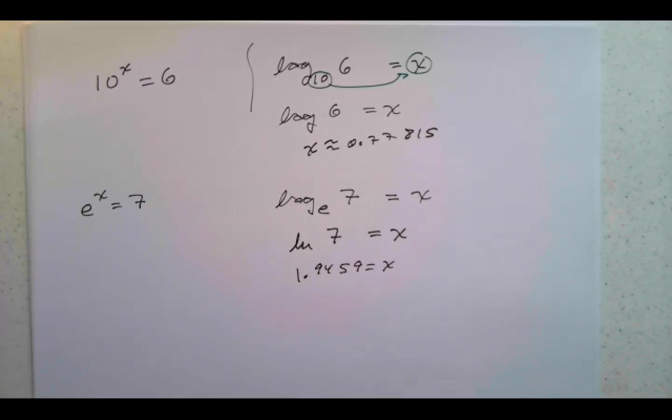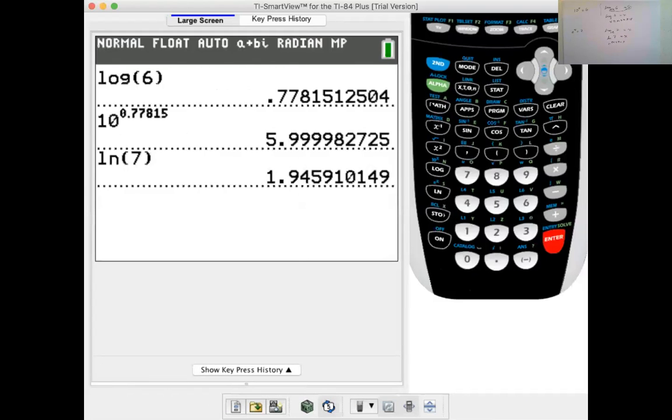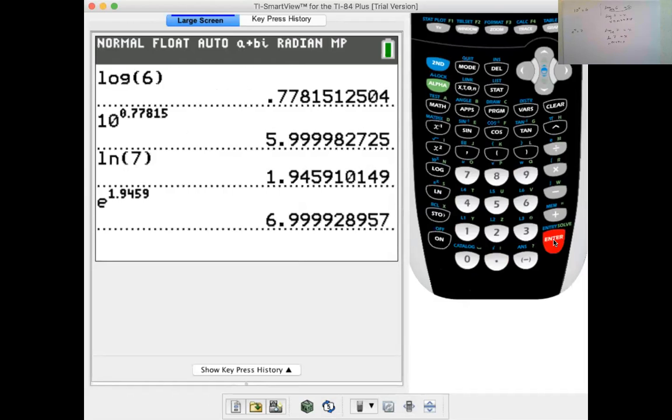Let's see if it is. e to the 1.9459. Do I get a number pretty close to 7? And I do. And if I added a few more decimal places, it would be even better.